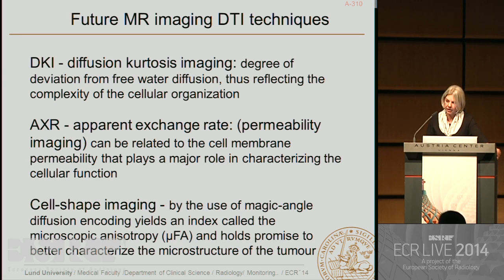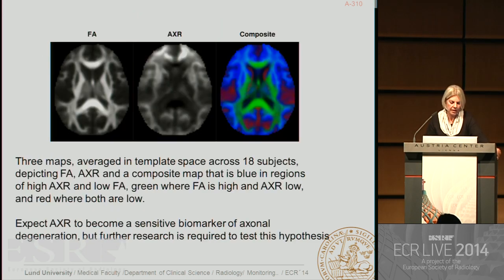And lately now cell shape imaging, where we, by using diffusion tensor imaging and a special kind of encoding, are capable of coming up with what we call the micro-anisotropic value, micro-FA. And that holds very promise to better characterize the microstructure of a tumor, which could have a prognostic value as well as treatment importance.